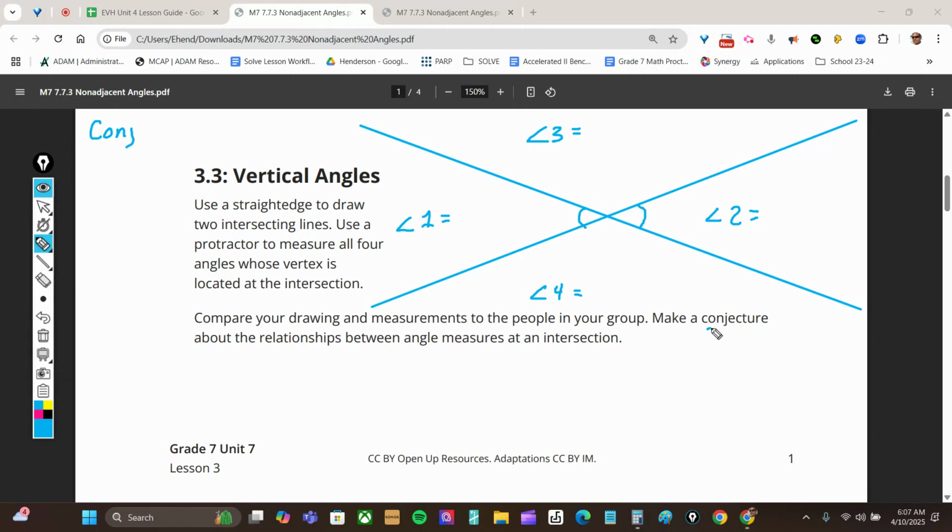A conjecture is an educated guess based on observation.